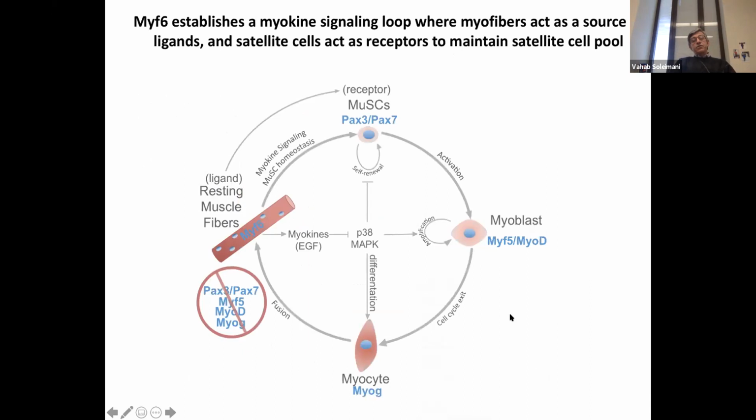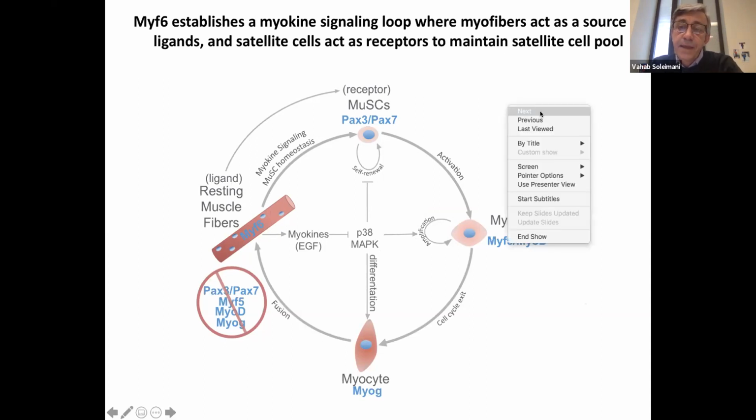So essentially what we have shown here is that the signals coming from the muscle fibers, which are under direct transcriptional control of MIP6, primarily EGF, are blocking P38 MAP kinase activity, and that blocks myogenic differentiation. In the absence of this, you will have premature activation of muscle stem cells and reduction in the stem cell pool. This clearly establishes that the muscle fiber is not just a physical entity that the satellite cells are sitting on. It's actually a very critical signaling component of the muscle.